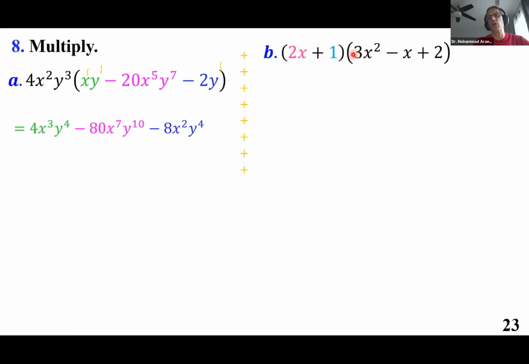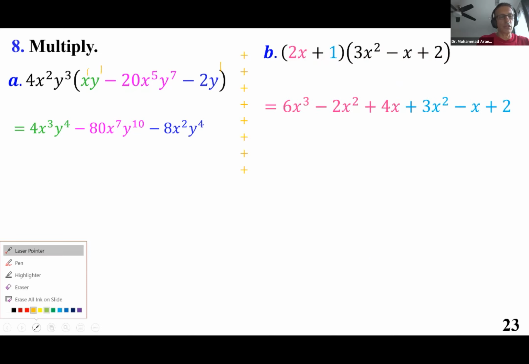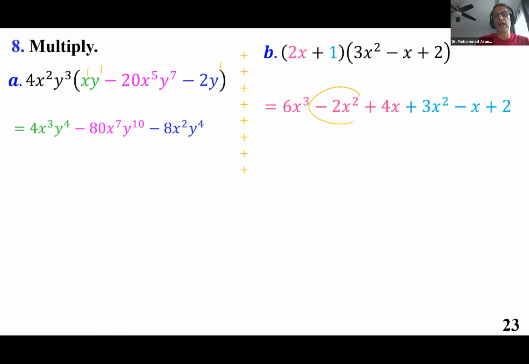Now multiply by 1, simply write the second one. And I hope you realize that you have to put this in descending order, which means you are going to add these two because they're like terms. So you get 6x cubed plus x squared, and then 4x with negative x, they result in 3x. Don't forget the number 2.